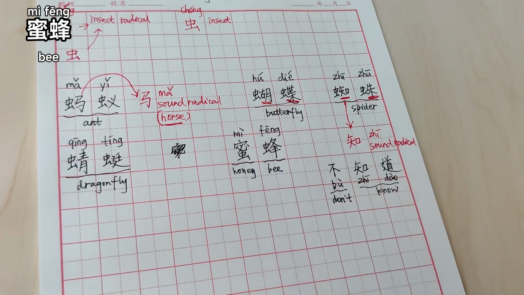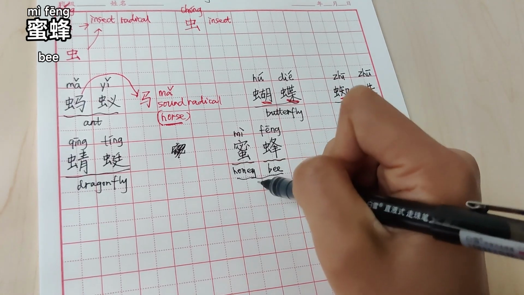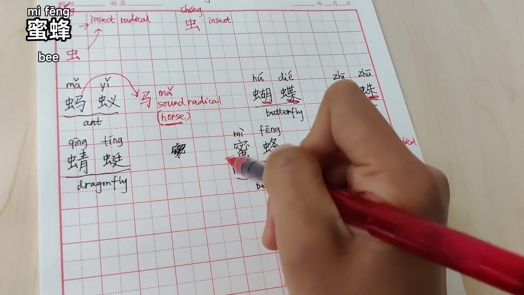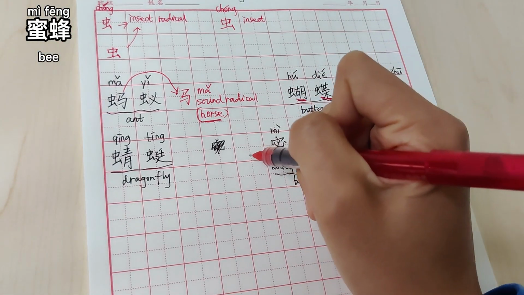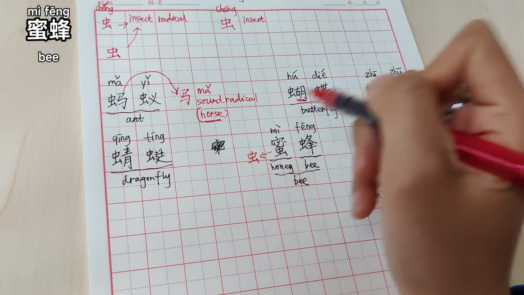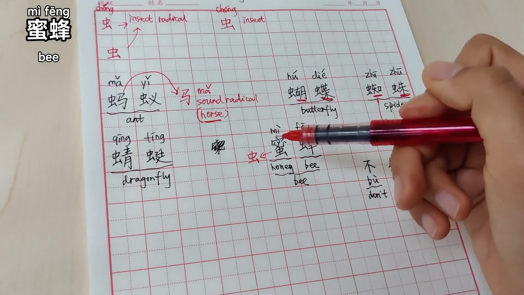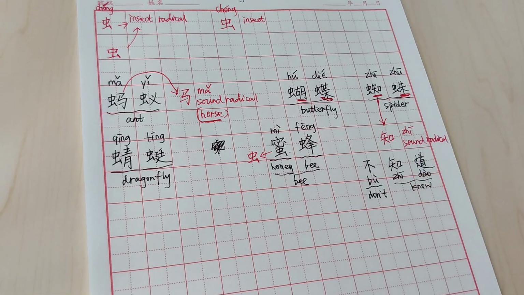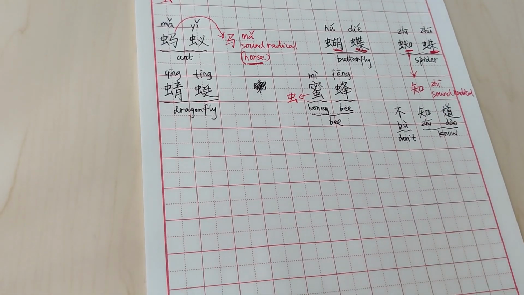So 蜜蜂 is the honey bee, or it could refer to the bee in general. You can see on the bottom part of the 蜜, there is the insect radical. So one at the bottom, one on the left side. And let's get to the next one.